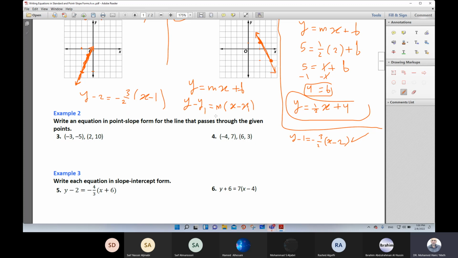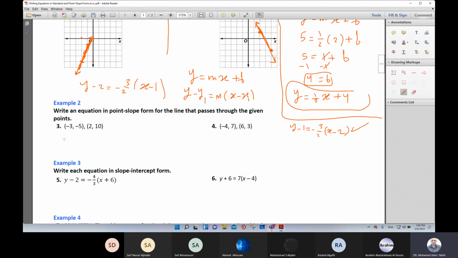How to find the slope if you have 2 points? As you remember, the rule of slope: m equal y2 minus y1 over x2 minus x1. Write with me, these are important rules.